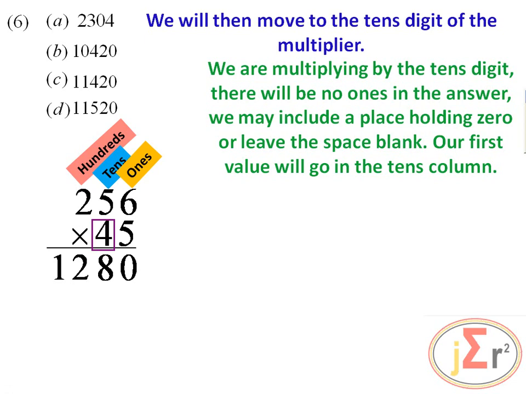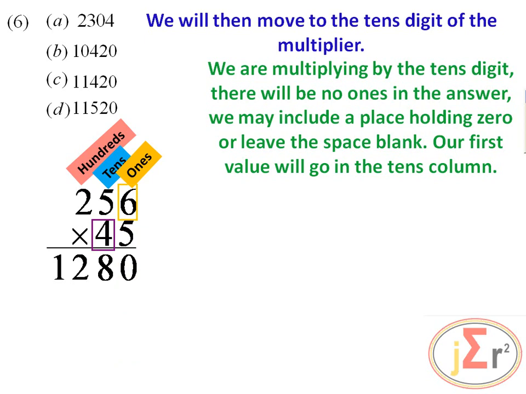Our first value will go in the tens column. Because we are multiplying by the tens digit, our first value will go in what column? Tens. It will go in the tens column. So we may leave the ones column blank, or we may put a placeholder 0 there.